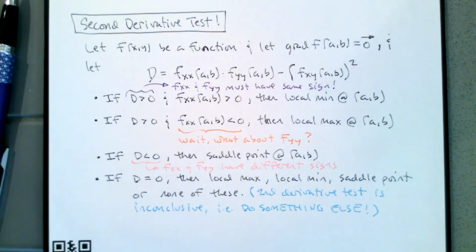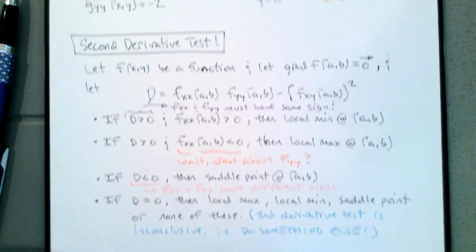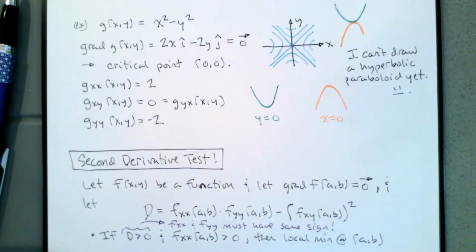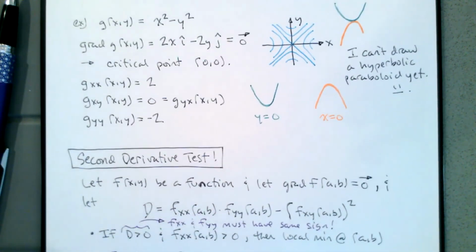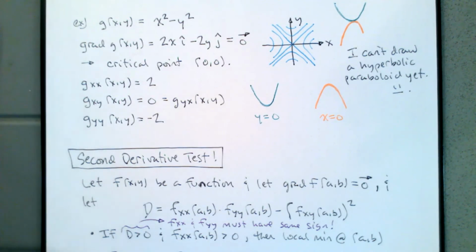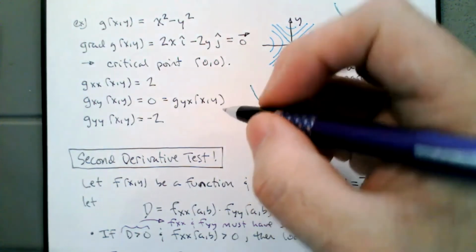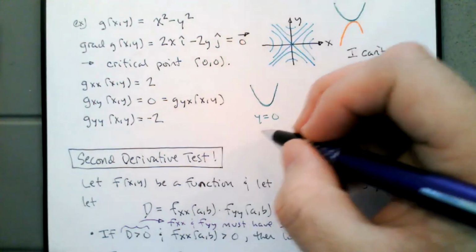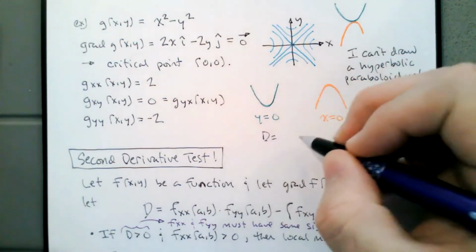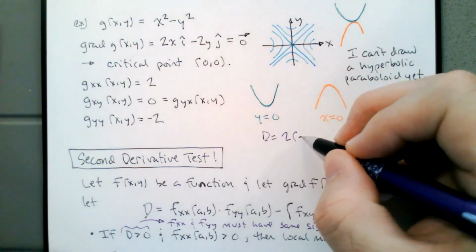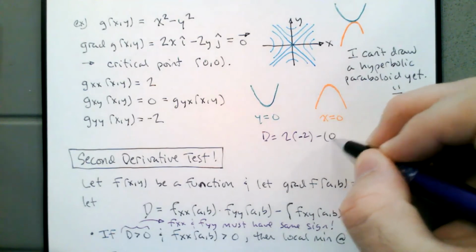So the second derivative test fits with the problems that we've done so far today. In our saddle point example, where we are concave up when y is 0, but concave down when x is equal to 0, our calculation for D in this problem with g is 2 times negative 2 minus 0 squared, which is negative.